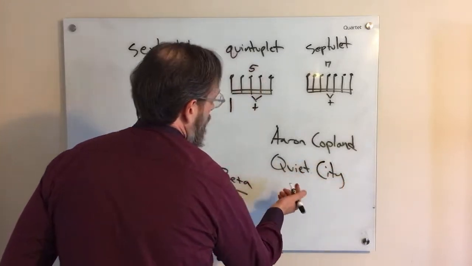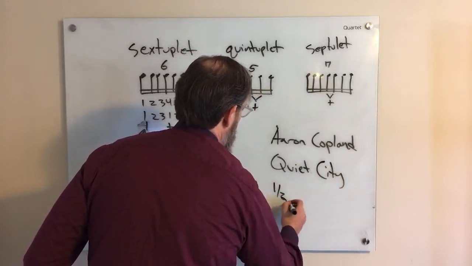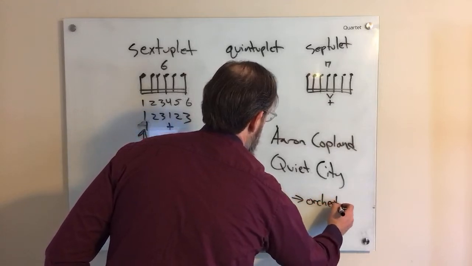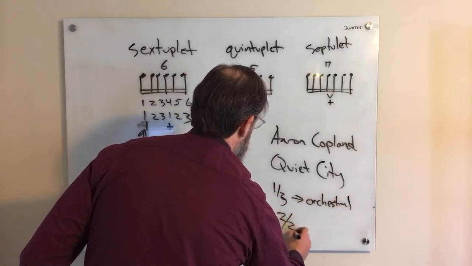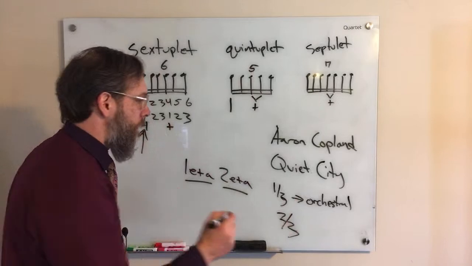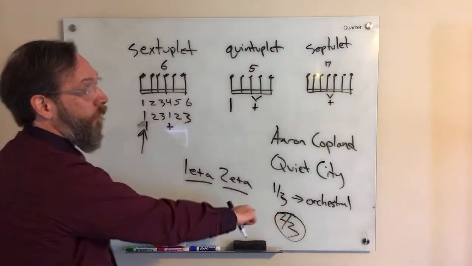And so he took about a third of the music and turned it into an orchestral version. But the other 2/3 of this music, originally written for a chamber ensemble of just 4 musicians, has been unpublished. And that's what I did for my dissertation.